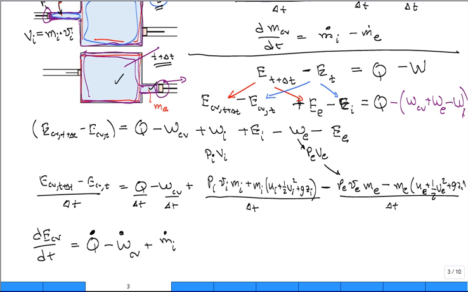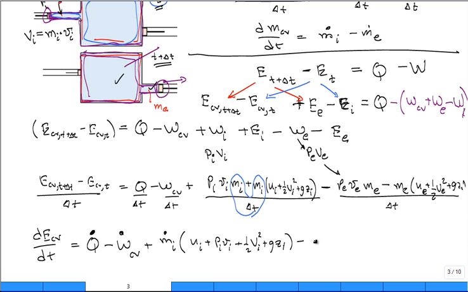So this grouped like that. And what we're left with is U in plus PV in plus 1/2 V in squared plus g z in.